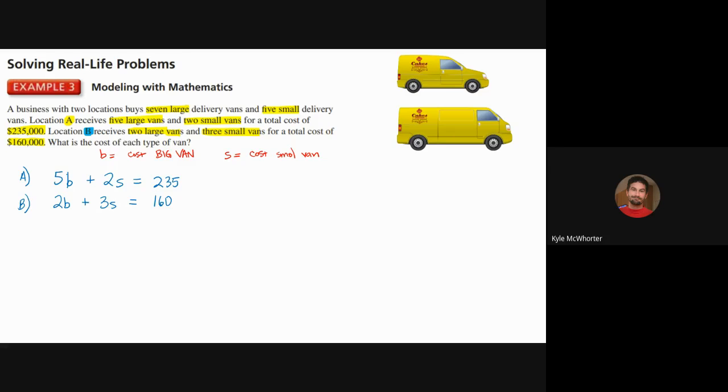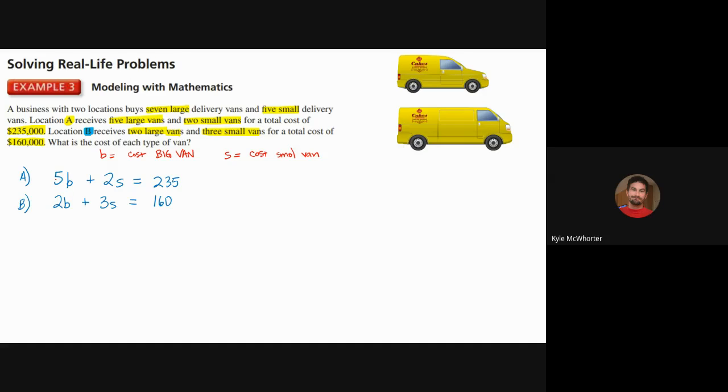And let's see, looks like we're going to have to multiply both equations by something, right? Because think about this. If I was going to try to cancel out B, what do I multiply 2 by to get 5? We don't want to start introducing decimals and fractions. We need to have whole numbers. So if I wanted to get rid of B, what's a number that 5 and 2 both go into?